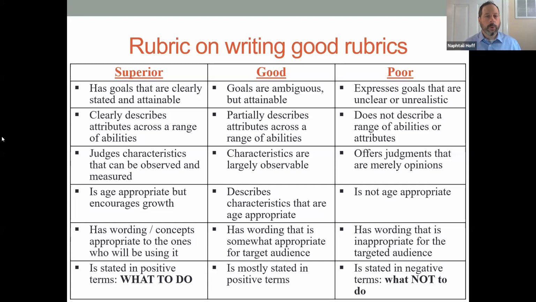I hope that this rubric is helpful to you, because again, you can go through these 6 different pieces. And if you can say yes, yes, yes to all of them, you have the makings of a superior rubric on your hands, and your students will thank you for it.